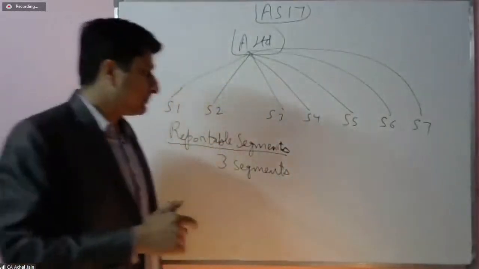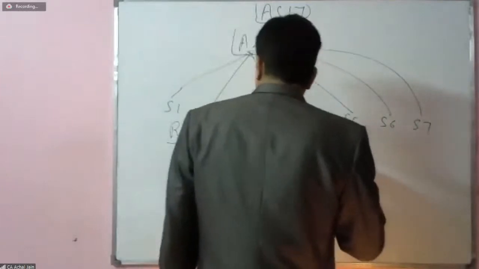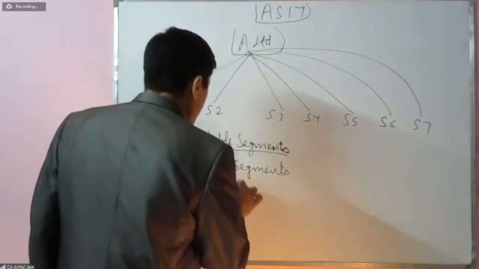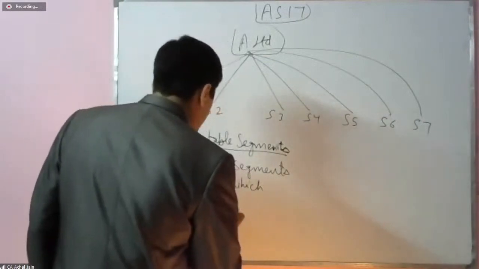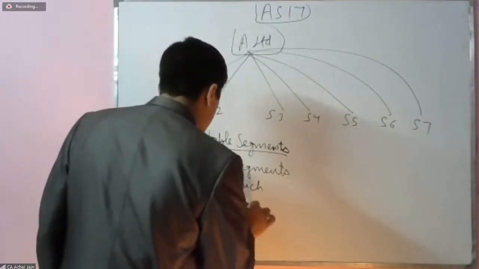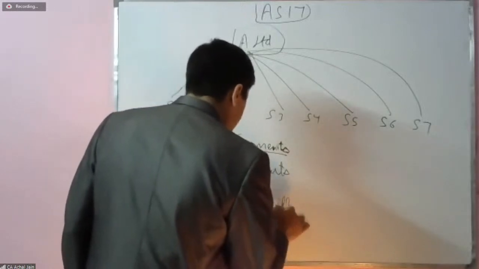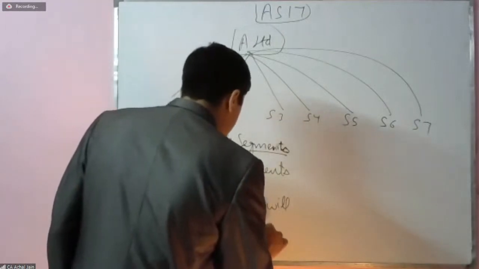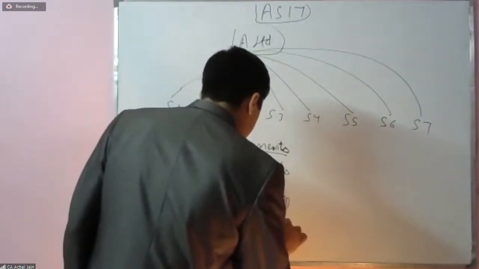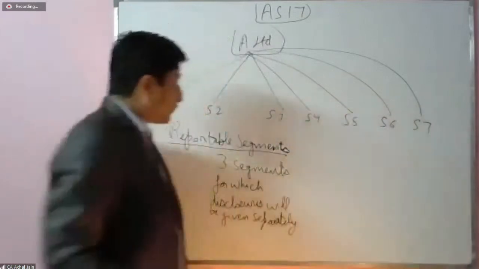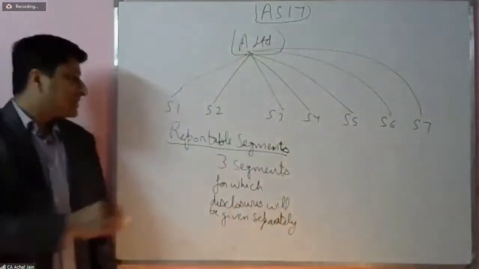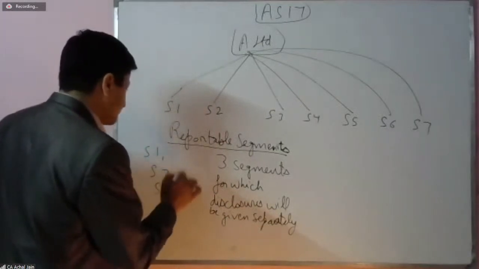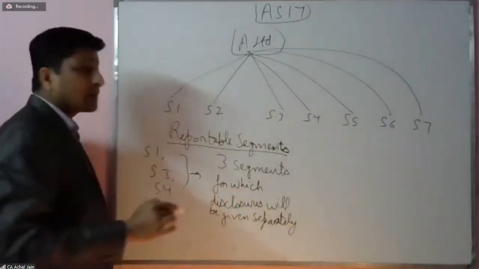And the other one, the segments for which disclosures will be given separately. Means for each of these 3 segments, let's say for example S1, S3, S4, these 3 have been chosen as reportable segments.